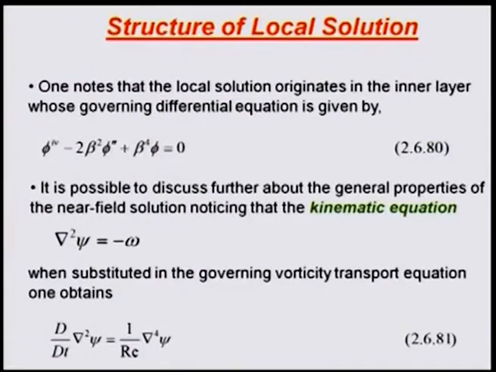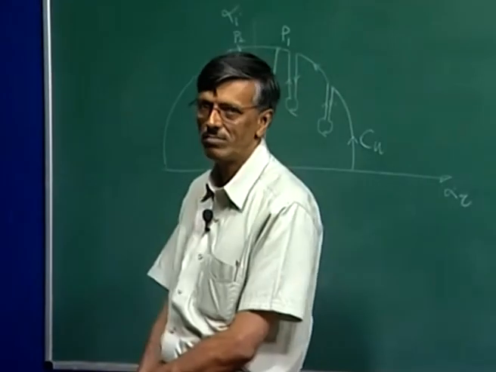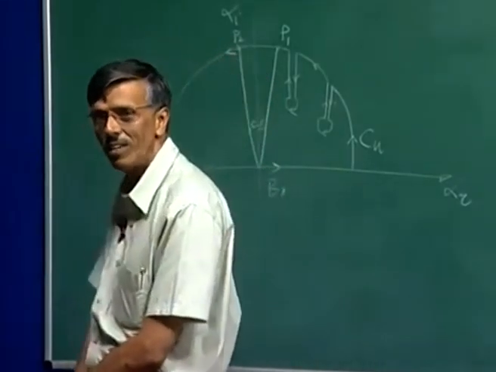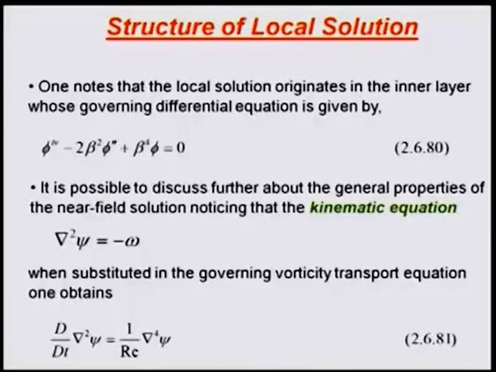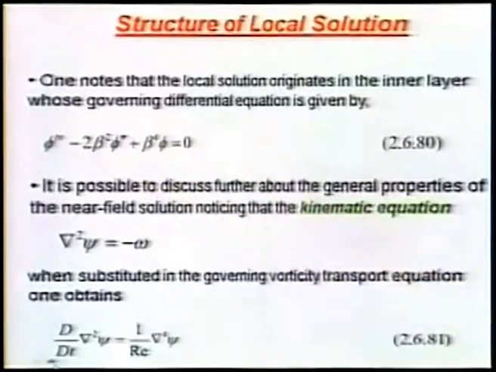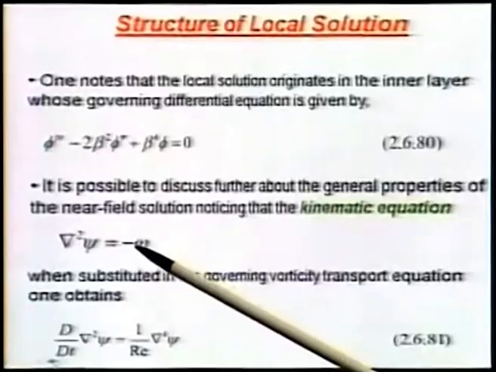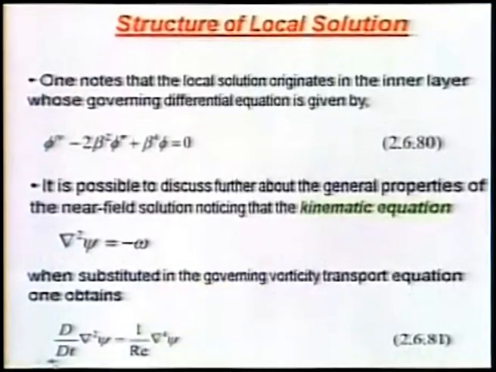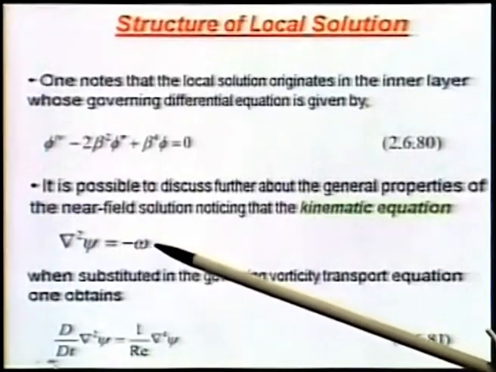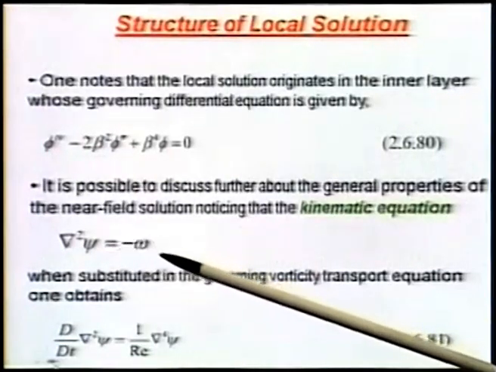To understand where this term is coming from, let's look at the Navier-Stokes equation, the holy grail of fluid mechanics. Everything should be included in your Navier-Stokes equation. So you see, we wanted to find out where from this term comes. So let's look at the Navier-Stokes equation. I have purposely written in terms of stream function and vorticity. Okay, so what happens is, this is the kinematic definition of vorticity, del square psi equal to minus omega.